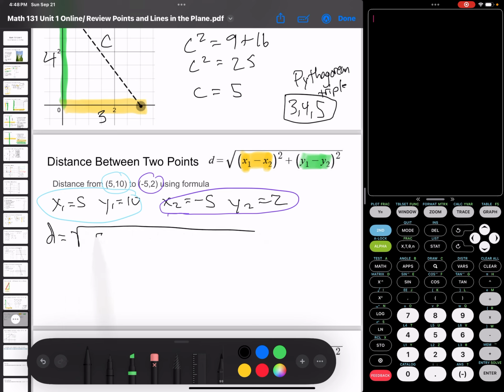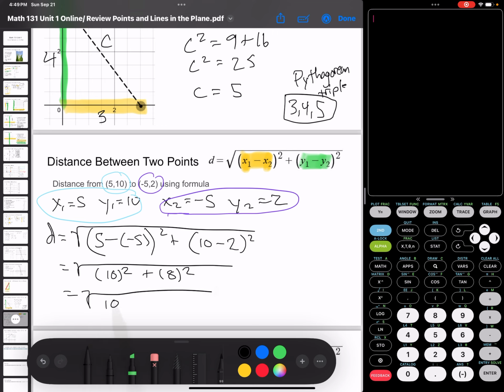x1 of 5 minus x2 of -5, squared, plus y1 of 10 minus y2 of 2, squared. So we're going to be equal to 10 squared plus 8 squared, 100 plus 64, square root of 164.